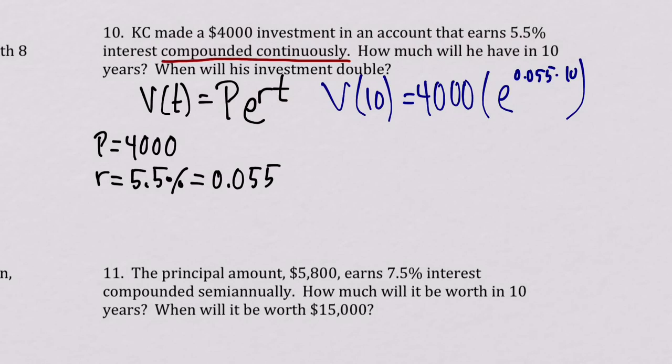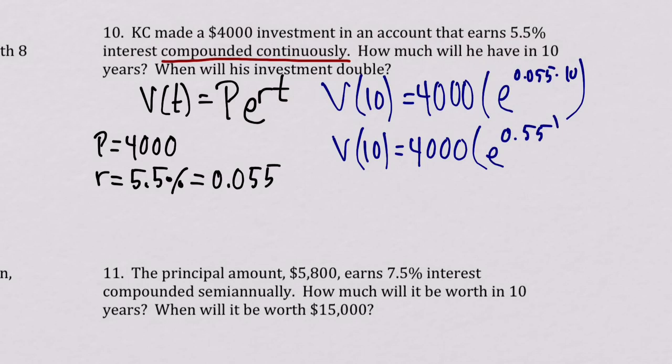At that point, it's just calculator work. What you should start with is the exponent to simplify it. So it's 4,000 times e to the 0.55, because I multiply these two numbers. Then do this part, times 4,000, and you're done. You'll find the amount after 10 years.